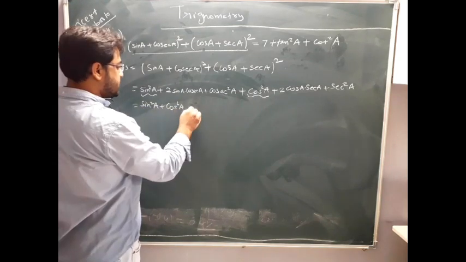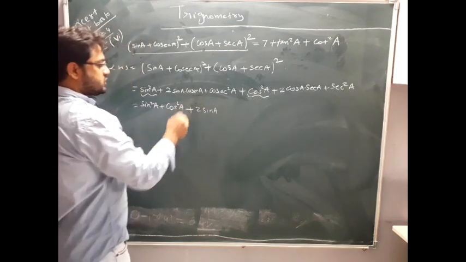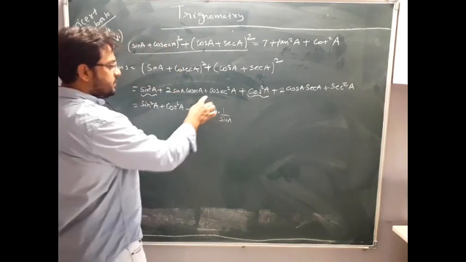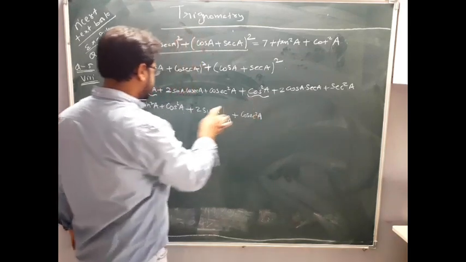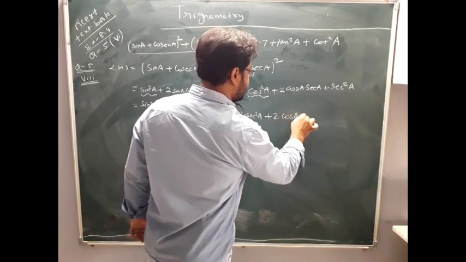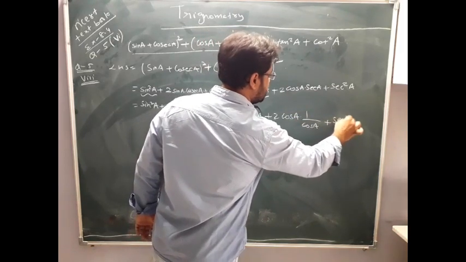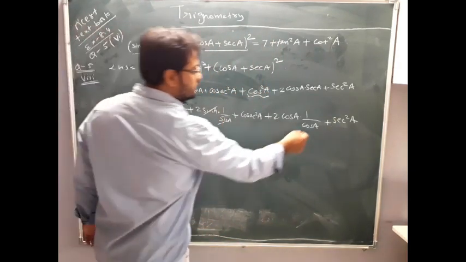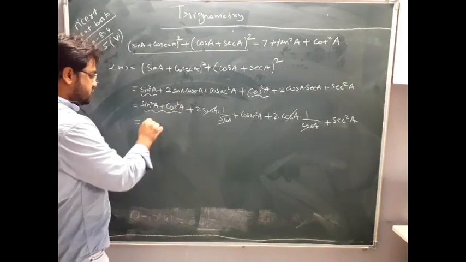Now see this portion: 2 sin A, and what do I have? Cosec A. Cosec is the inverse of what? Sin A. So 1 by sin A, plus cosec square A. This cos square I have written here, plus 2 cos A, and sec A means what? 1 by cos A, plus sec square A. Sin A cuts, cos A also cuts, and sin square A plus cos square A is also 1.